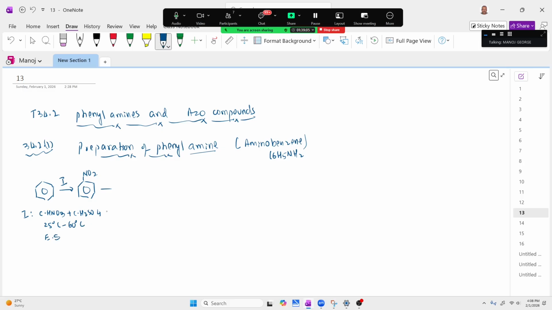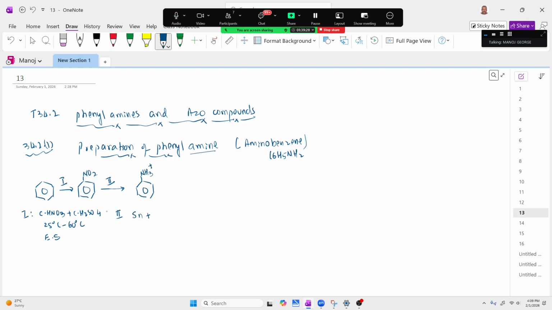And once I have nitrobenzene, then what should I do? If I want to directly change nitrobenzene, I have to then react this with, if I want to change this into, let's say this, phenyl ammonium cation. So what should I do in the second stage?